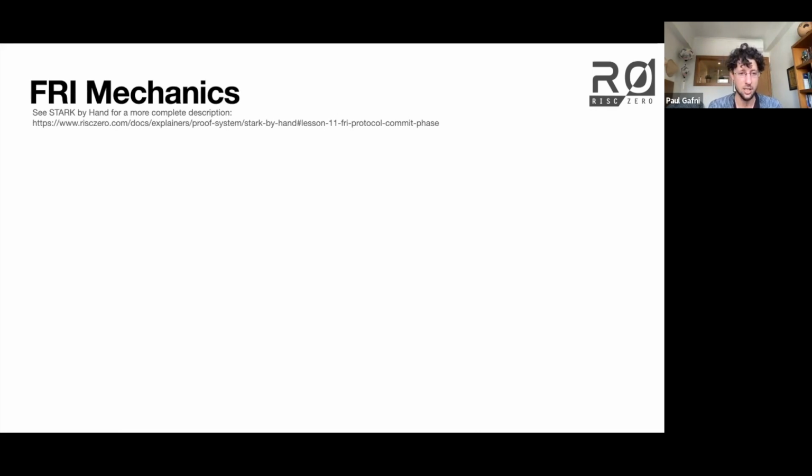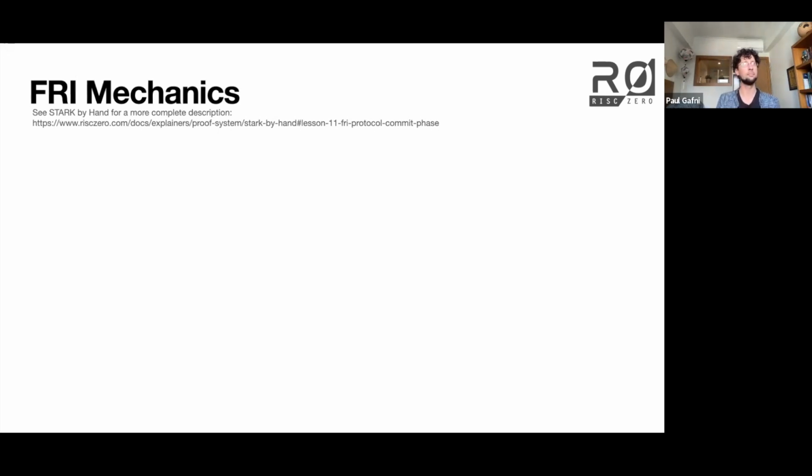It's a Fibonacci example. It's built in Google Sheets, and you can actually look inside each step of the RISC Zero protocol in order to see the mechanics step by step. And over the course of preparing for this study club talk, we added a couple more lessons to that. It previously had stopped at the beginning of FRI, and now it goes through the mechanics of FRI.